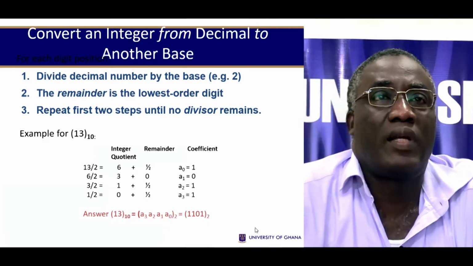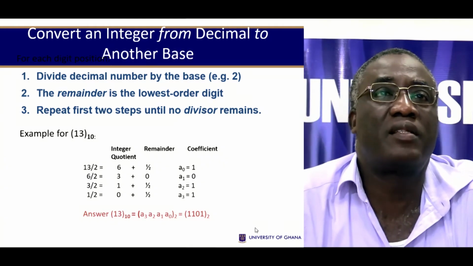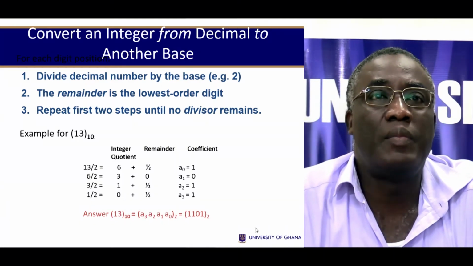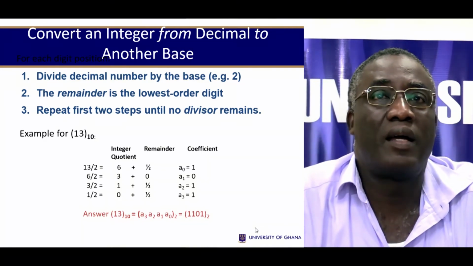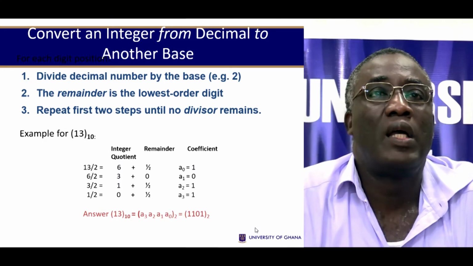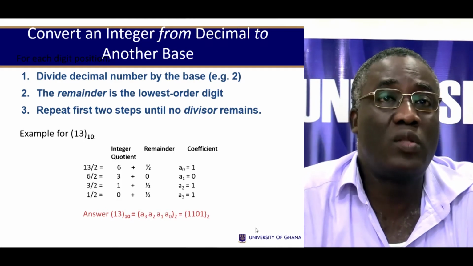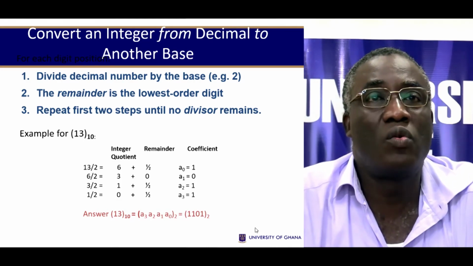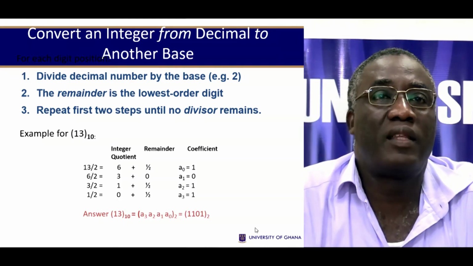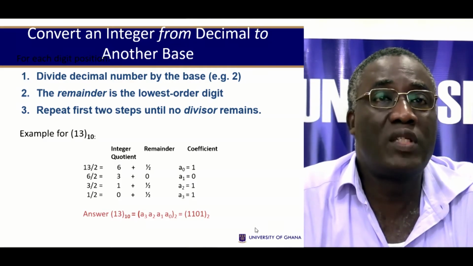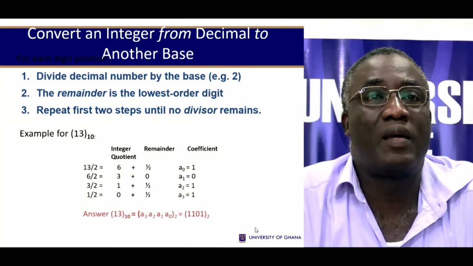So, for example, you have 13, and then you want to convert that into a base 2 number. So you divide 13 by 2, which gives you a 6, a remainder 1, and then you divide the 6 by 2, that gives you a 3, remainder 0, and then you divide the 3 now by 2, which gives you a 1, remainder another 1.